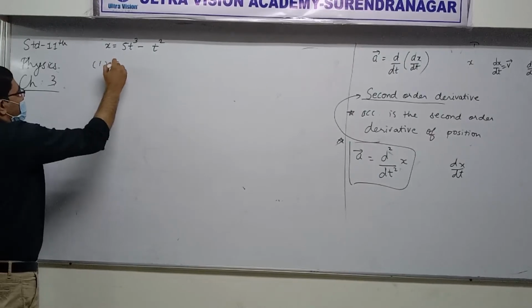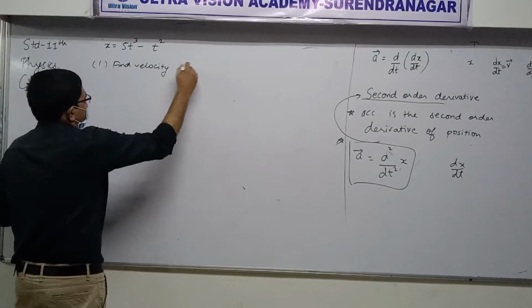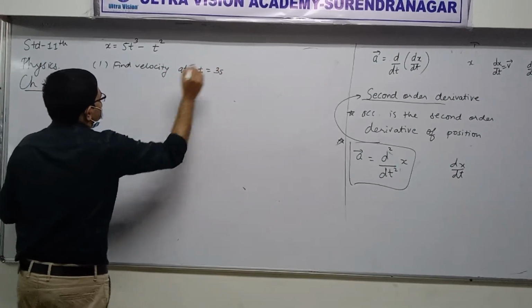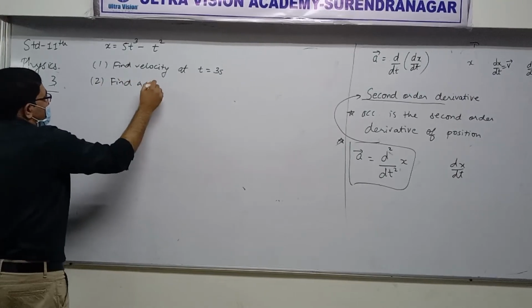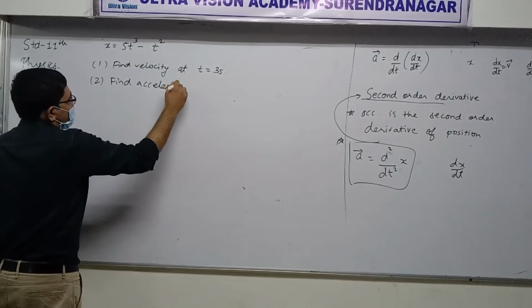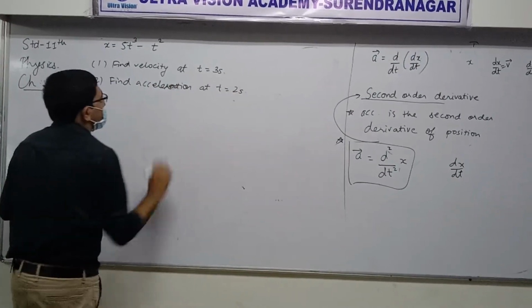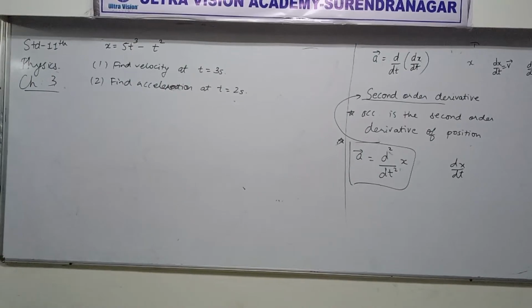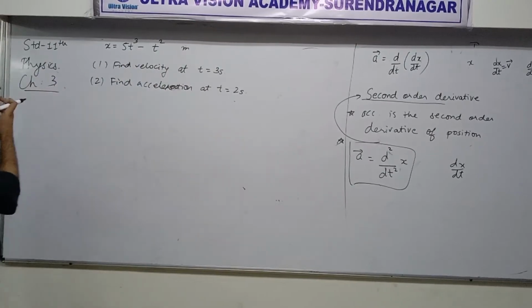First one, find velocity at t equal to 3 seconds, and second one, find acceleration at t equal to 2 seconds. We want to find velocity and acceleration at different times. This is in meters, so all answers will be in SI units only.